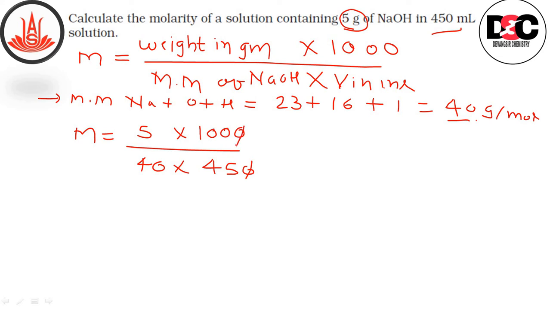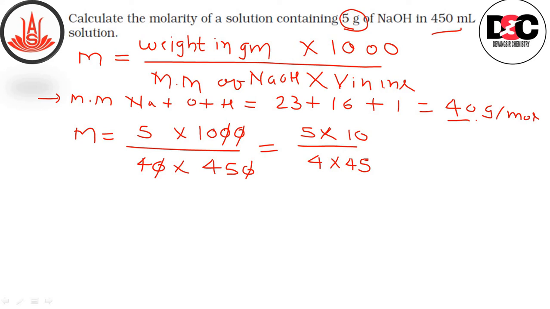So 0 cut, one more 0 cut. Then in numerator, 5 into 10 upon 4 into 45. Okay, just a minute, simple calculations are there.